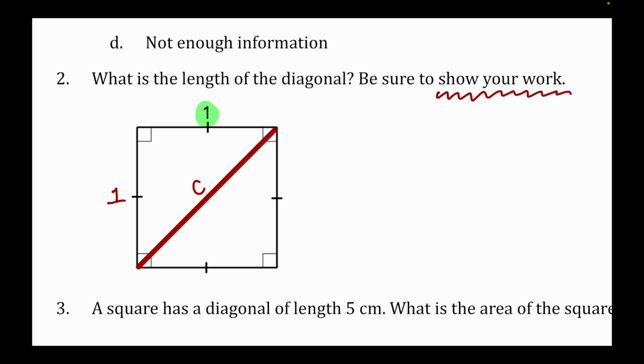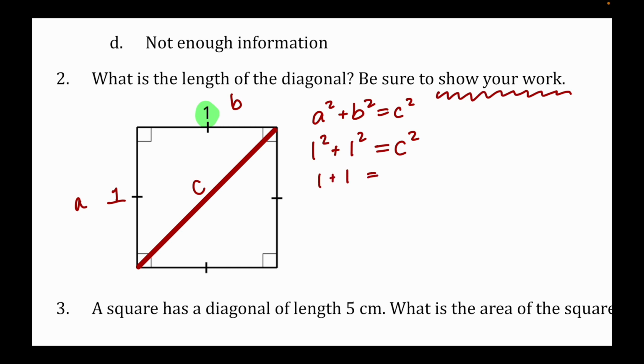And so if I'm trying to show someone why this works, we're going to use the Pythagorean theorem. So if I have a squared plus b squared equals c squared, c is always the hypotenuse. And I can just say, I don't know, just call each of these a and b. So 1 squared plus 1 squared is c squared. 1 squared is 1.